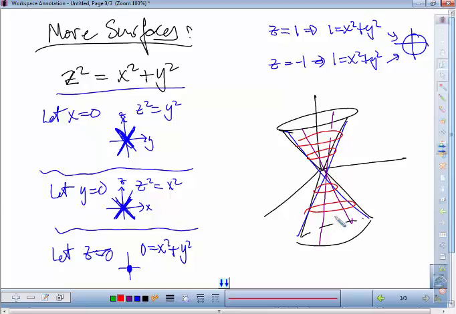Now remember, these are the general forms of this. So if I move this off center, it'll be x minus x naught quantity squared. And then we can multiply or divide it by some constant that would make this more elliptical instead of circular. More like an elliptical cone instead of a circular cone.